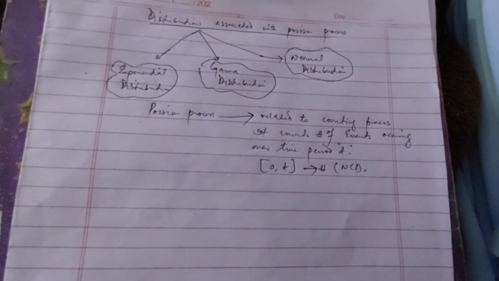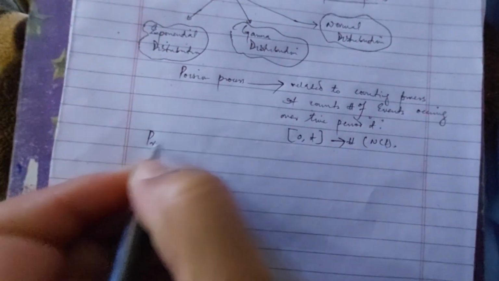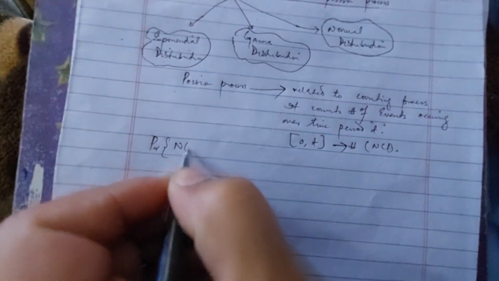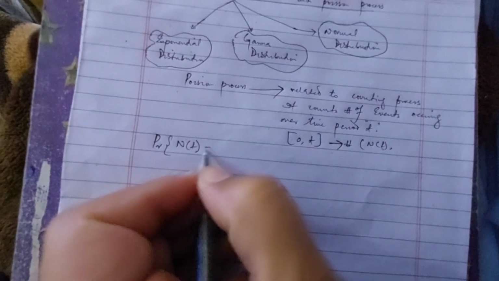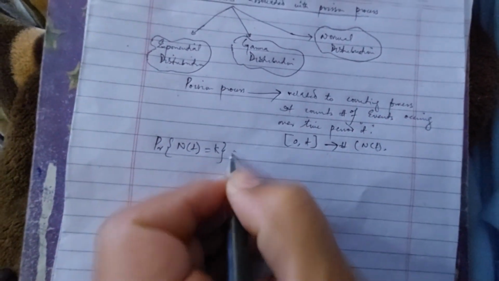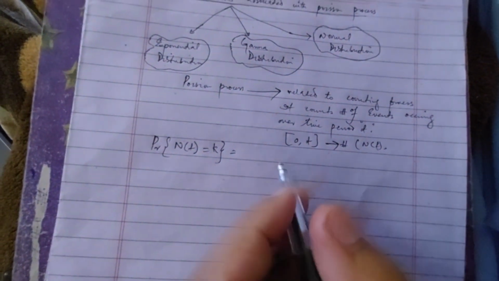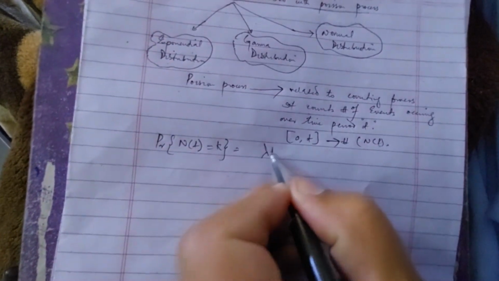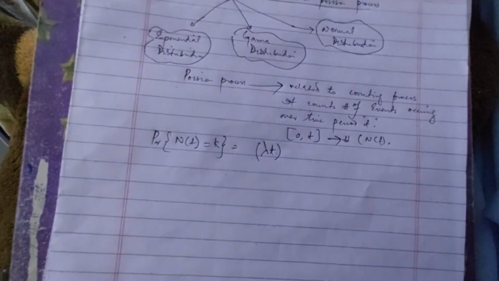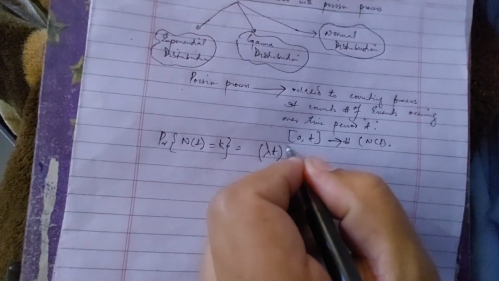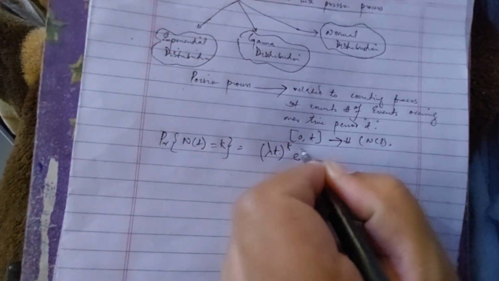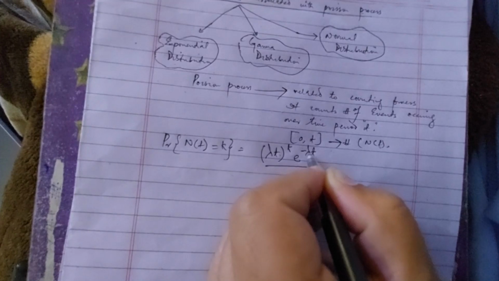And we know that the probability of the number of events over time t being equal to k is equal to (lambda t) raised to the power k, e raised to the power minus lambda t, divided by k factorial.